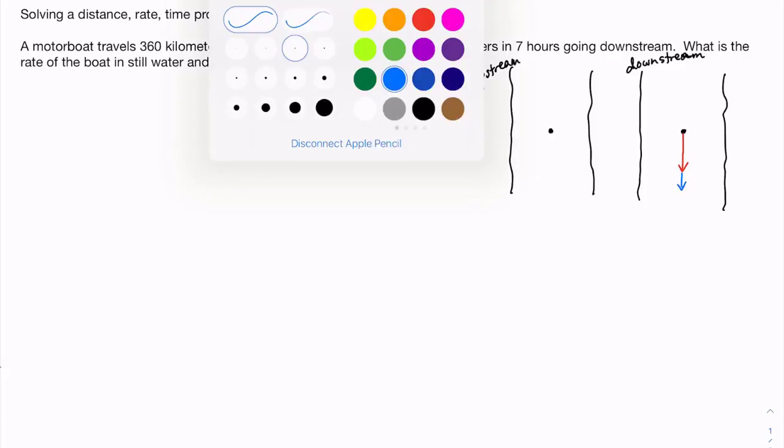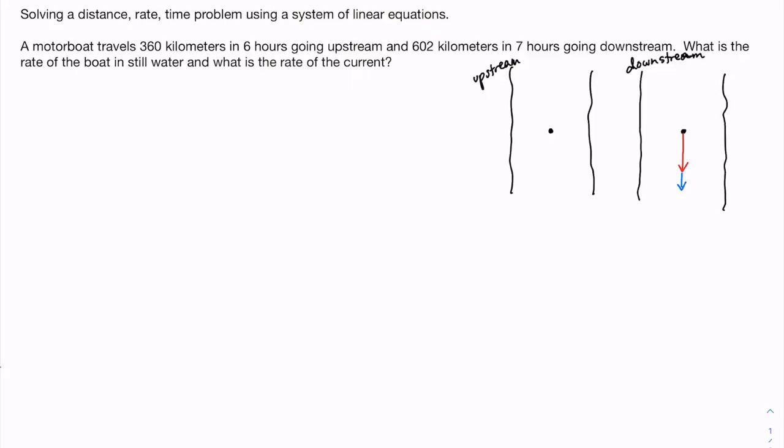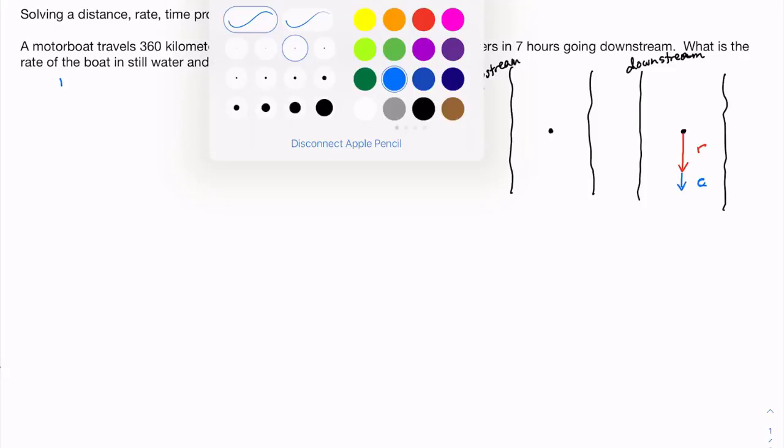So why don't we give these a few names? Why don't we call this red arrow R, and we'll call this blue arrow C. And we're going to go ahead and define our variables. Let's define R first.